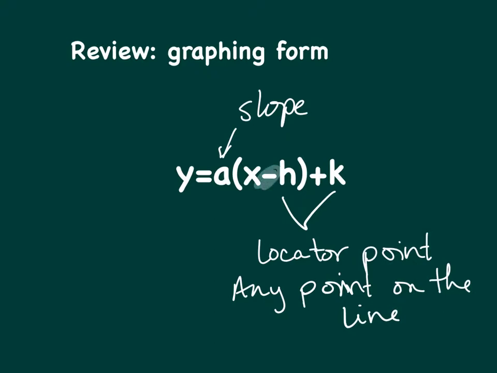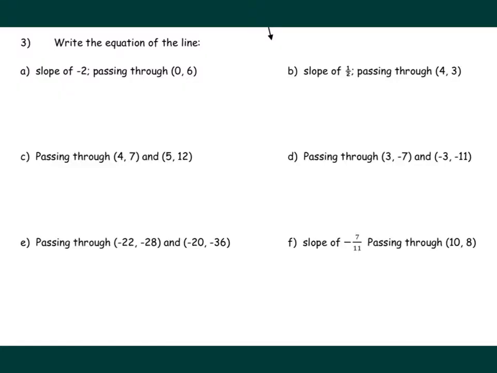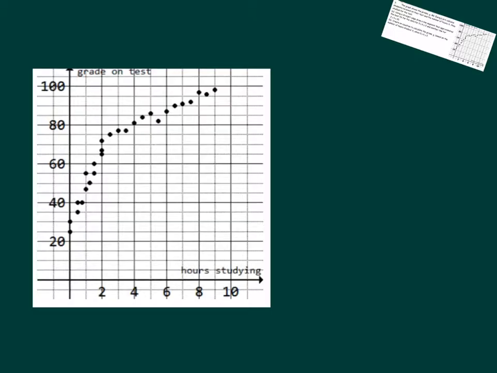That is a minus, and so it's very, very important to recognize that whatever h is, it's often going to be the opposite of what you see. So that's the review of our graphing form, also called general form or point-slope form. There are different names for this, but this is going to be the basis for what we do in Unit 1.